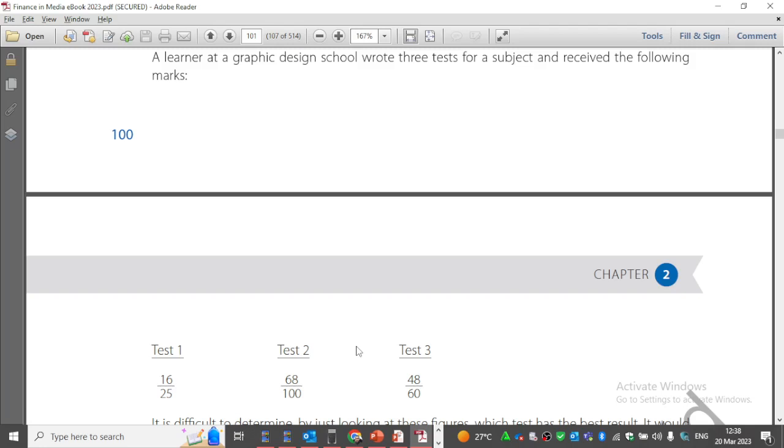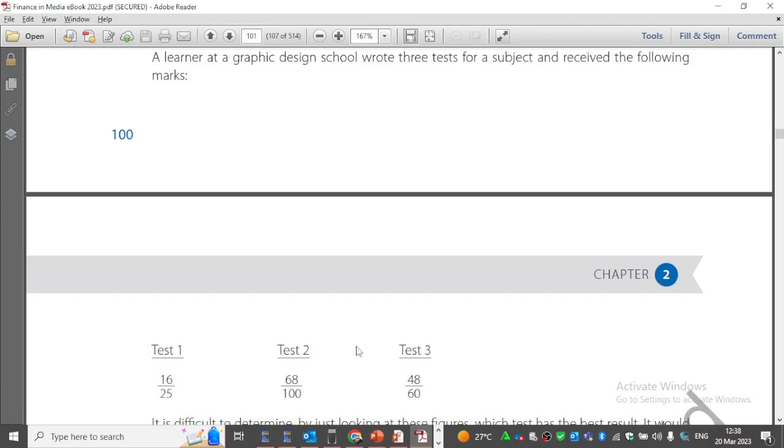Therefore, the best way to do that is to convert these fractions into percentages, meaning that we will be calculating the student's marks out of 100%, so that we can compare the three tests and see how much the student scored on each, based on the percentage of the total marks.